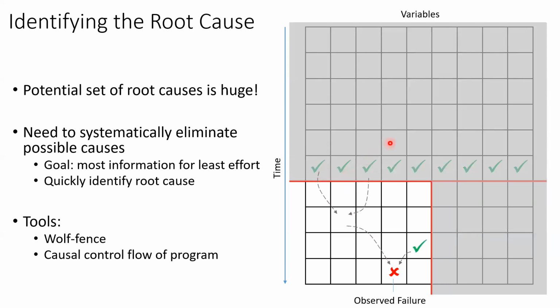So then you examine the dependent variables and you see that this variable is correct. So this variable has to be incorrect. This means that something's wrong when going from these two variables to this variable, and you will identify the root cause from there. So this is just a technique to eliminate the set of root causes that are definitely not causing this bug.